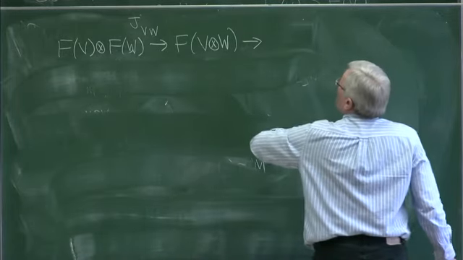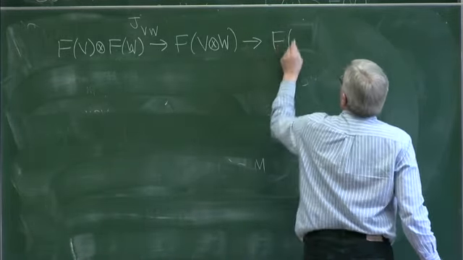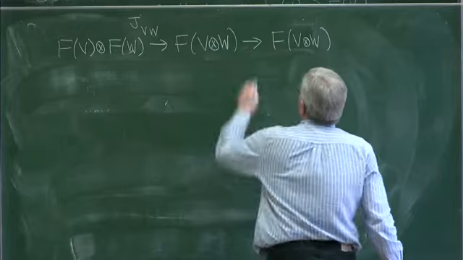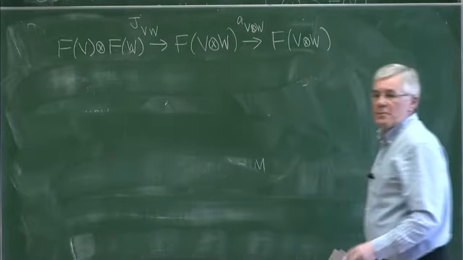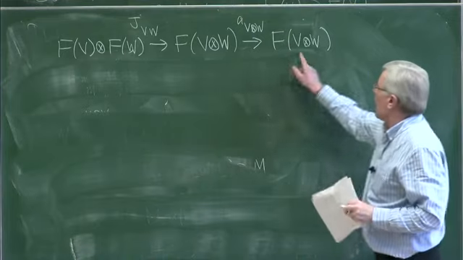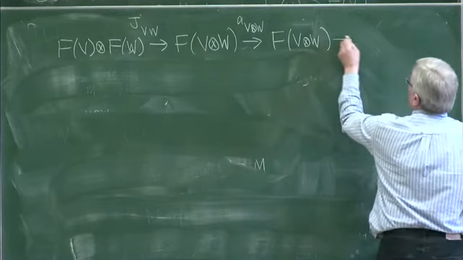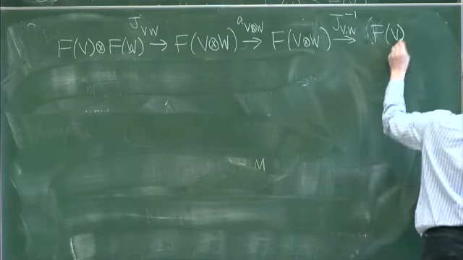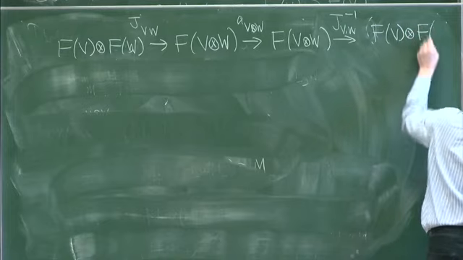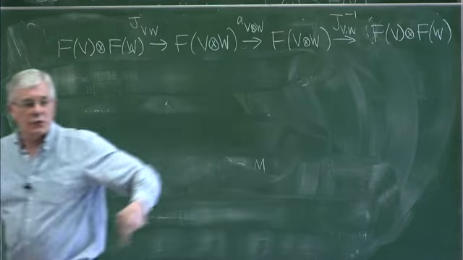Now put A. A in particular gives me an isomorphism with that. And now untwist it. Well, now do J V W. So that's an endomorphism of the bifunctor F2.